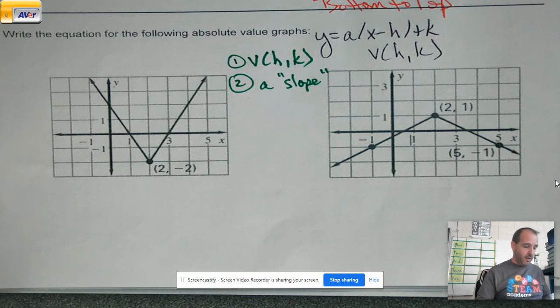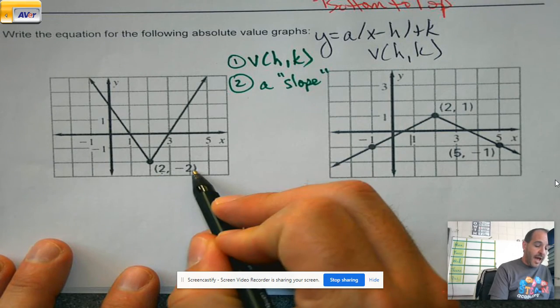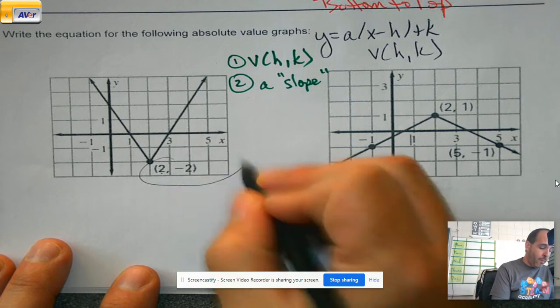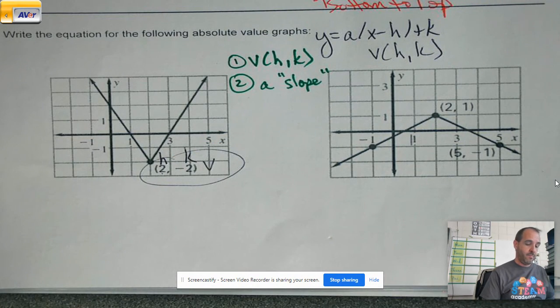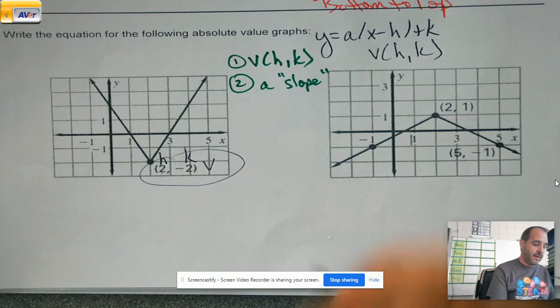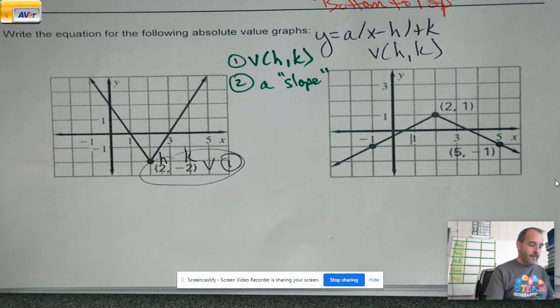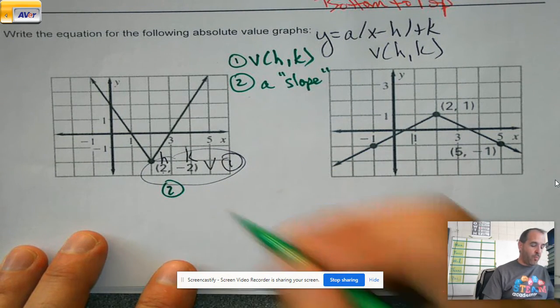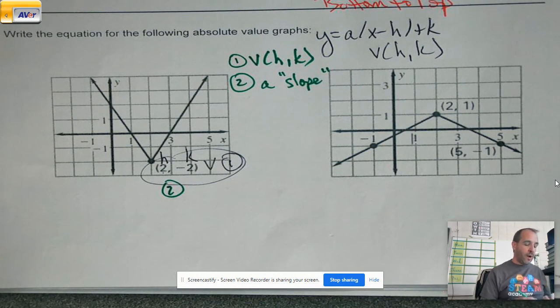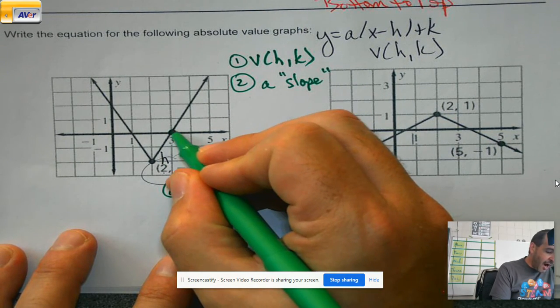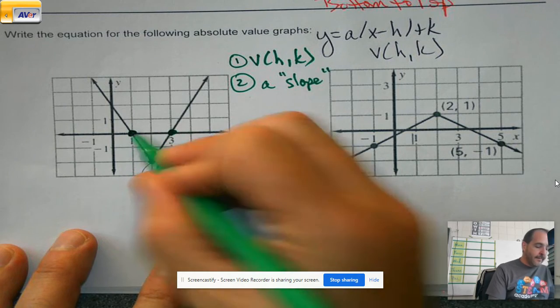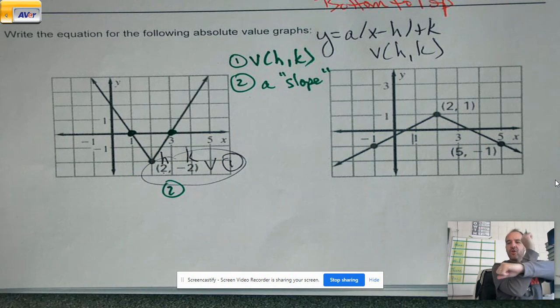So here's the deal. Here's my vertex, right here. There's my H, there's my K. Okay, so step 1 done. Step 2, what's my slope? Well, how do I find slope? What I'm going to do is find points on my graph, if they're not marked for me, that go through what I call the crosshairs.